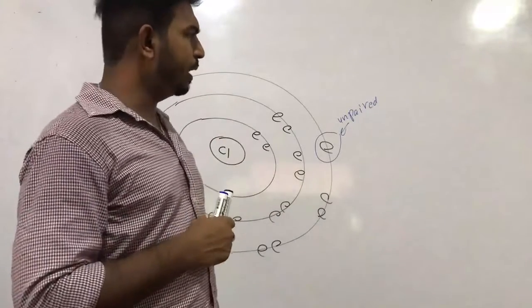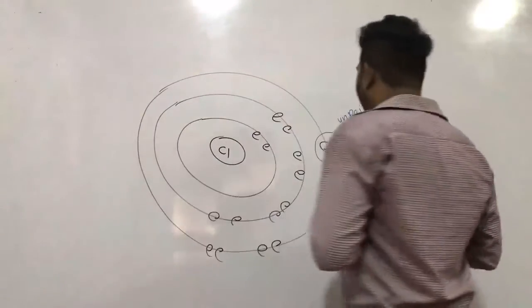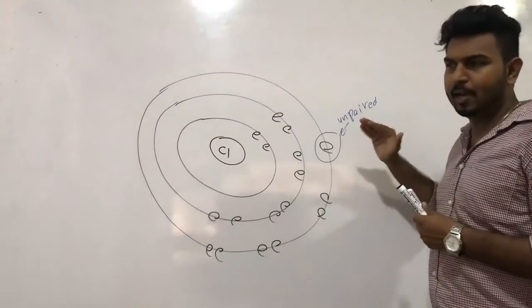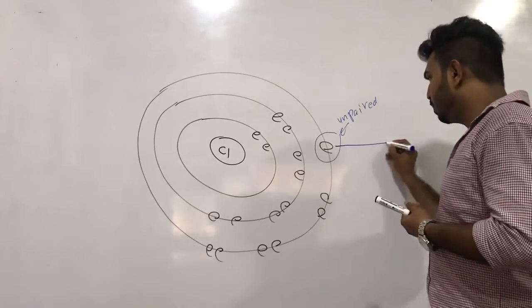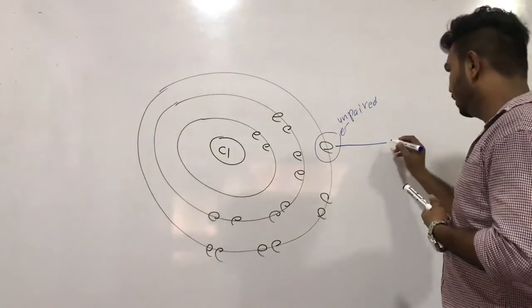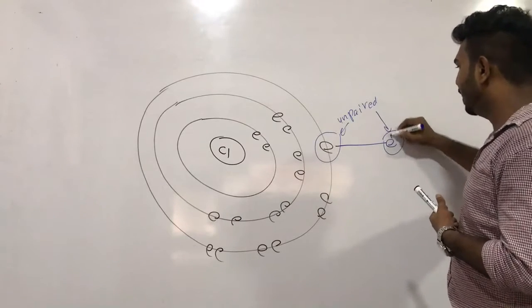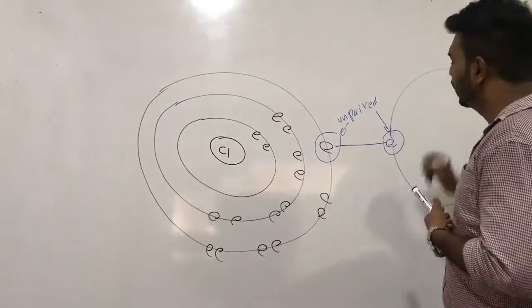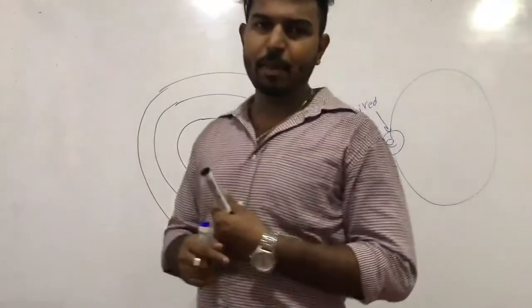If you consider the formation process of a bond, these outermost unpaired electrons will form a chemical bond with another unpaired electron of another atom or of the same atom.